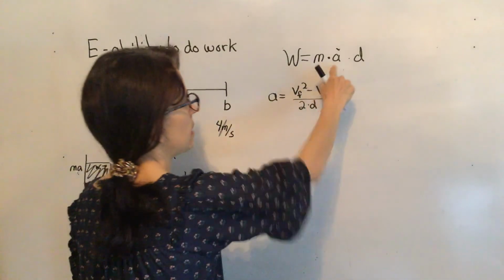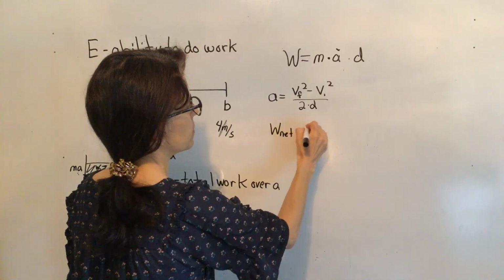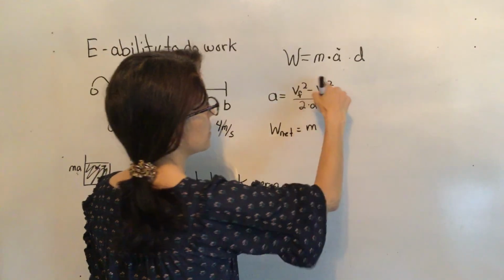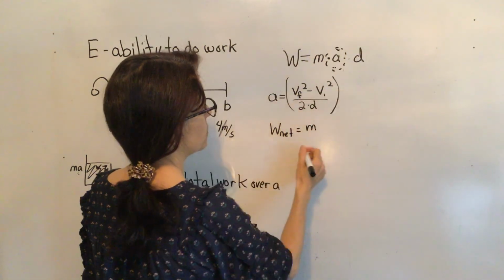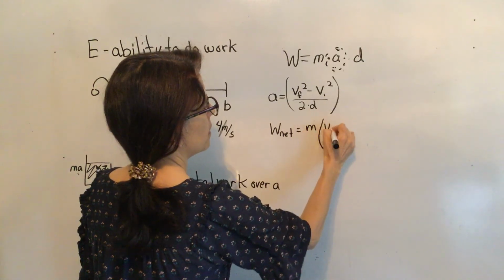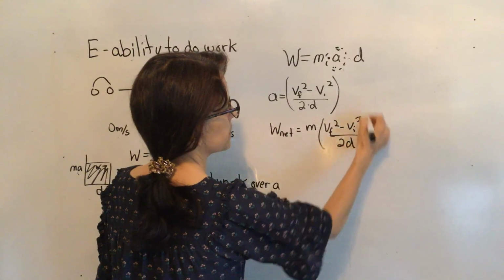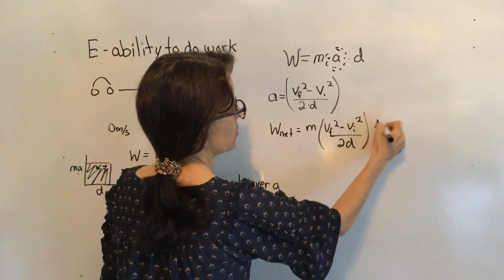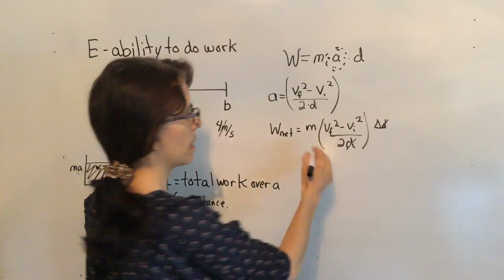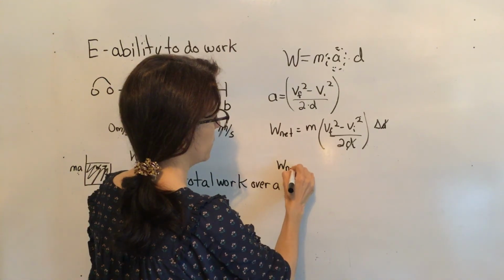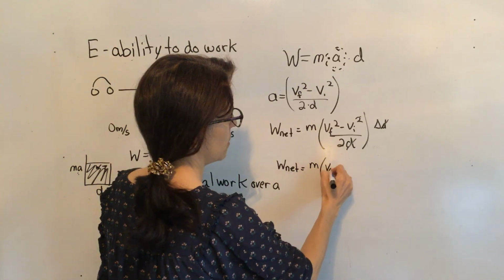So let's just say I want to do work, I'm going to define it as work net equals mass times this piece here going in for acceleration: V final squared minus V initial squared over 2D, times the change in distance. We're going to cancel the distance out, and we're going to be left with work net equals the mass times this piece here.